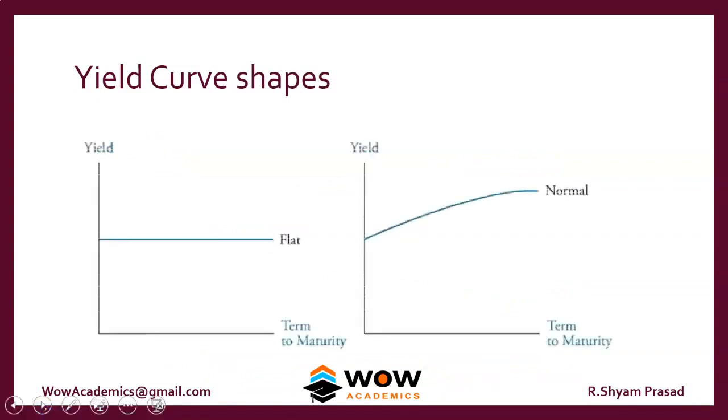There are different types of yield curves. For example, if you take a 1 year bond and a 10-year bond, you can see here the interest rate is always flat. A yield curve can also be like this: the 1 year yield is lower and the interest rate for a 10-year bond is much higher, and this is called the normal curve.